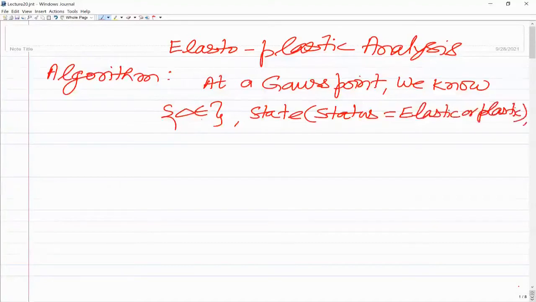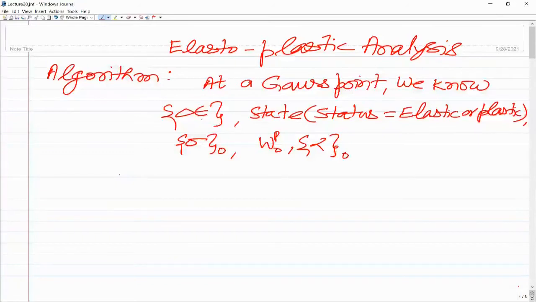Delta epsilon and state would be given from the previous step or iteration, and from the previous step or iteration we will know the stress, we will know the plastic work, and we will also know the back stress. So this information is coming from either the last iteration of the previous load step or the previous iteration of the current load step. So you will get this information.